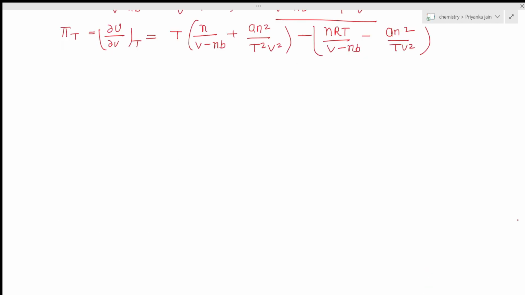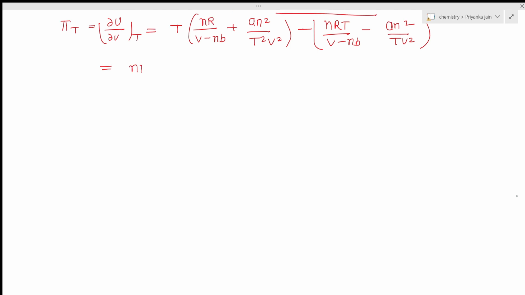Okay, so in this equation, if you substitute these values, then what are you getting? You are getting nRT upon V minus nb plus a n square upon V square T, minus nRT upon V minus nb plus a n square upon T V square.